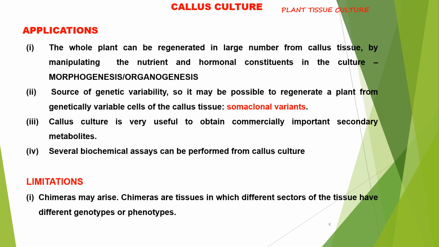A callus can be utilized for commercial production of secondary metabolites. A large number of biochemical pathways can be manipulated in callus culture to get high amounts of secondary metabolites. The main limitation of callus culture is it may lead to chimeras.